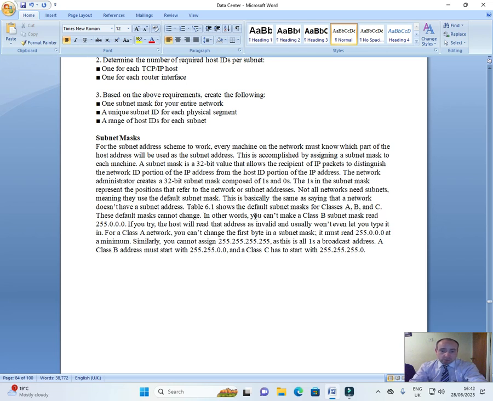Table 6.1 shows the default subnet masks for Class A, B and C. These default masks cannot change. In other words, you can't make a Class B subnet mask read 255.0.0.0. If you try, the host will read that address as invalid and usually won't even let you type it in. For a Class A network, you can't change the first byte in a subnet mask.